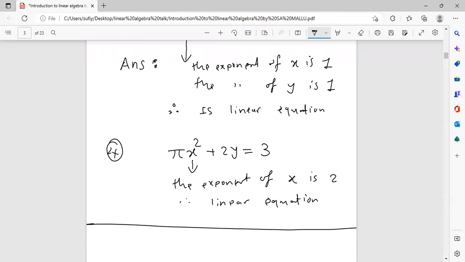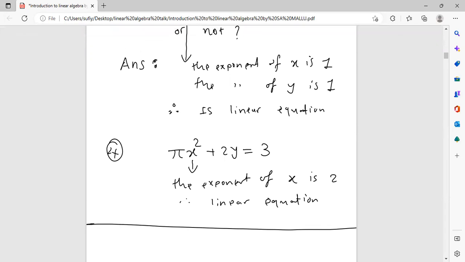However, if you have at least one variable where the exponent is not 1, then we say it's not a linear equation. Or if it's a combination of some functions, like example number 2, where we had sine x plus 2y, it's also not a linear equation because sine x is not linear, it's a function.